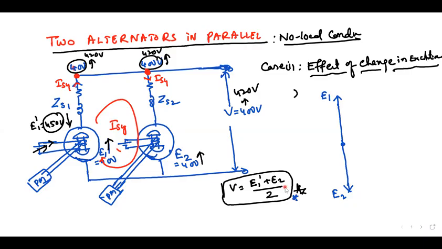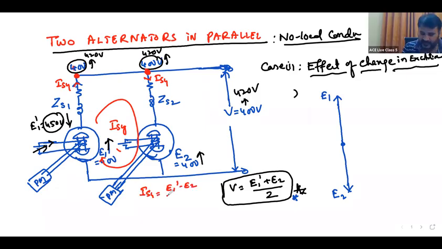It will be magnetized, right? Okay, but at the same time, what is happening? Yes, good point. You know that ISY is equal to E1 dash minus E2 divided by ZS1 plus ZS2, and since both are equal, that is 2 ZS.